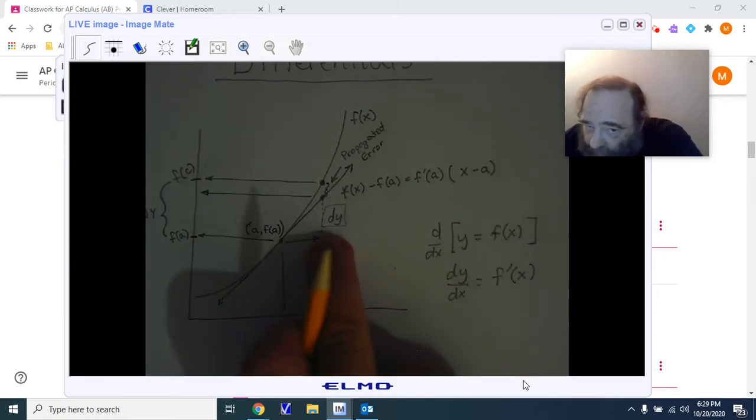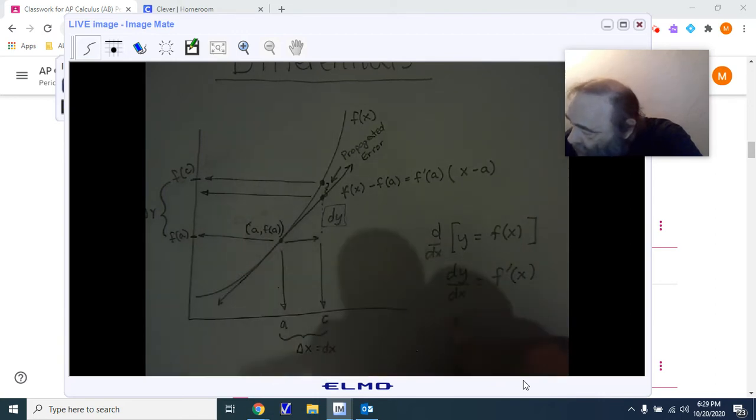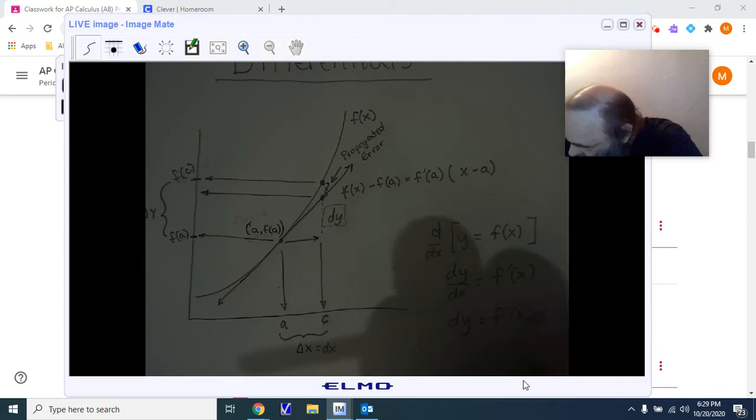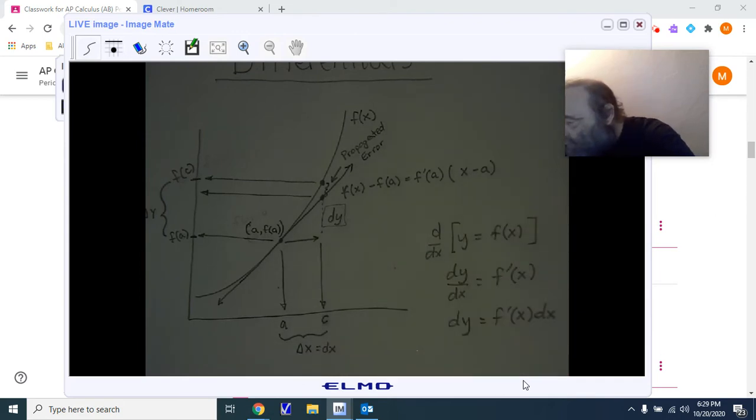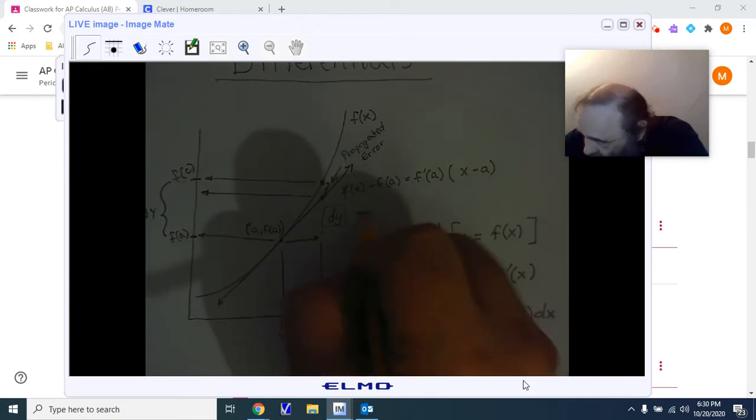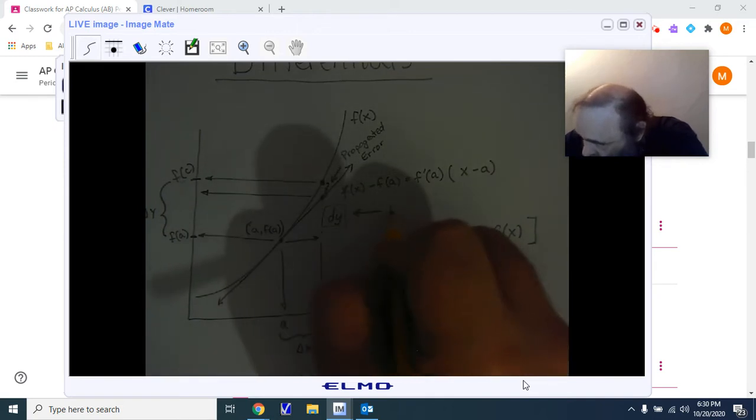If I'm looking for dy, I move the dx. Okay, so our approximate change, dy, that we've talked about in the past, is simply f prime of x times dx. Well, that's cool. Well, beware, this is the differential.